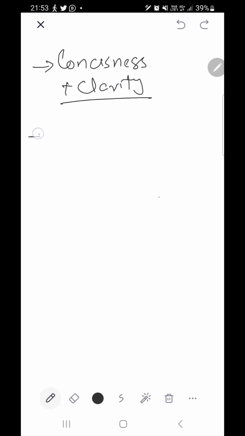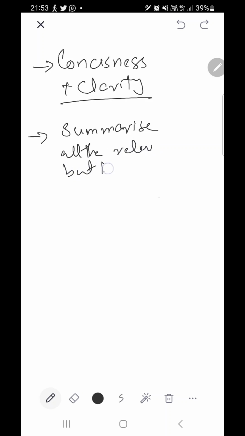Then we have the conciseness part, conciseness plus clarity. So first of all, conciseness means to summarize all the relevant but less important detail, right?